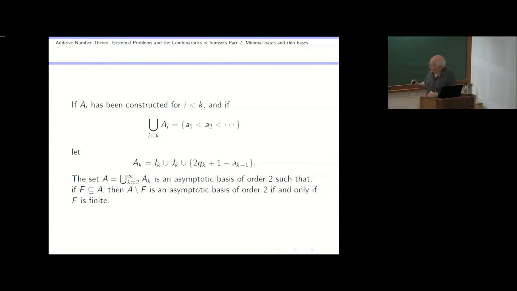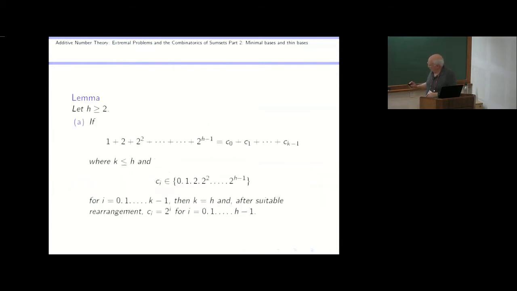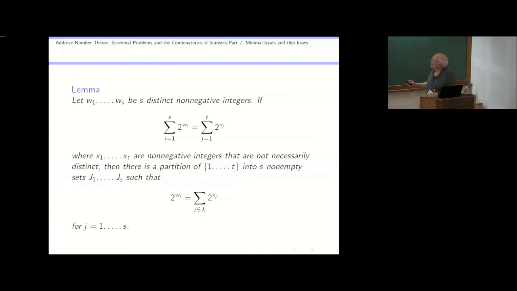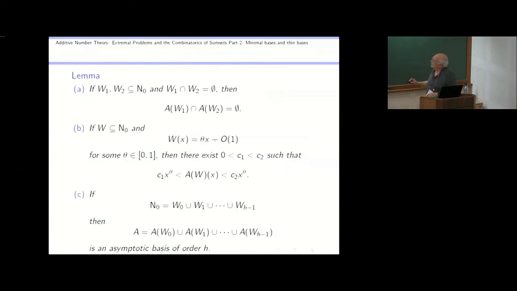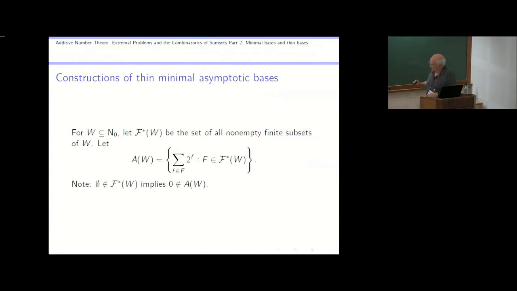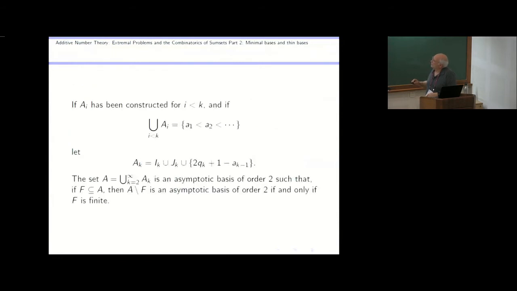So if you take a number that's in the set, call it A sub k minus 1, if you add 2q sub k plus 1 minus that, then in this new set, you'll be able to represent 2q sub k plus 1 as a sum of 2, because this guy is already in this set, and you've added a sort of complement with respect to this.